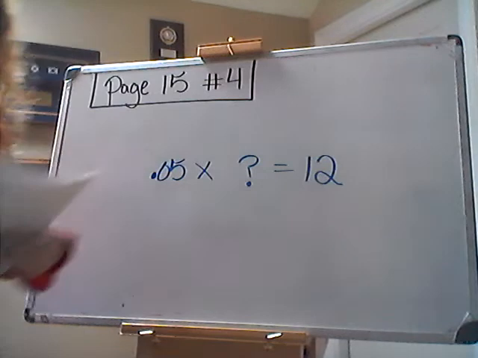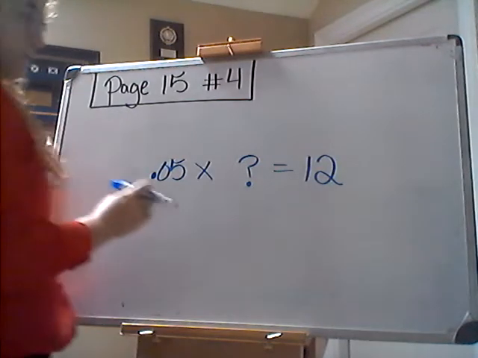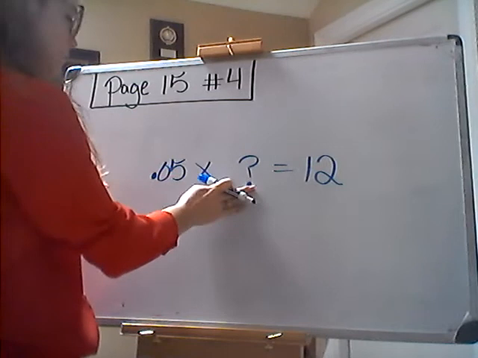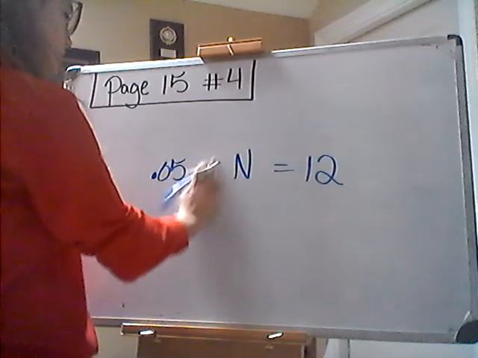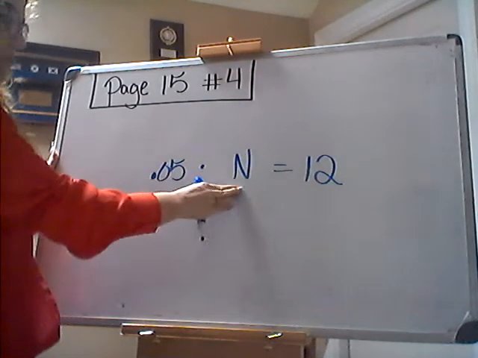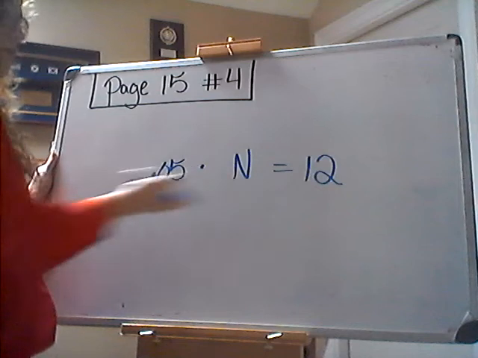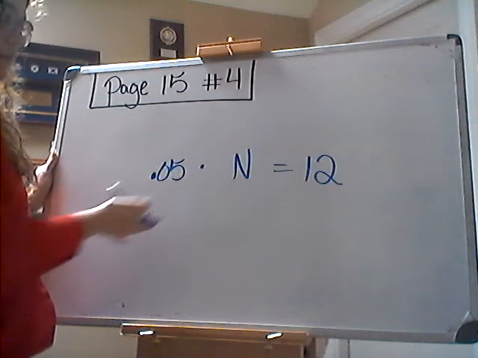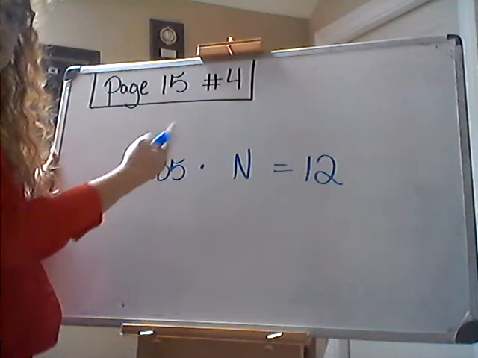Now, we did work on solving one-step equations this year. We could write this as a one-step equation. Let's say it's times n. Okay, this is multiplication. 5% times n equals 12. How do we solve this equation? To undo multiplication, we use division.